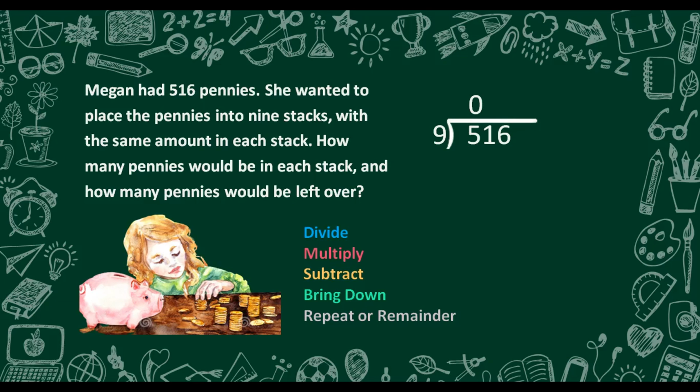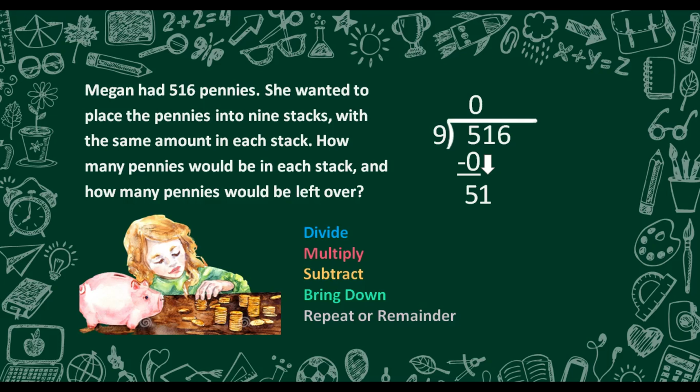Now we multiply. 9 times 0 is equal to 0. Then we subtract. 5 take away 0 is 5. Then we bring down the digit in the tens place. Now we can repeat the steps all over again.